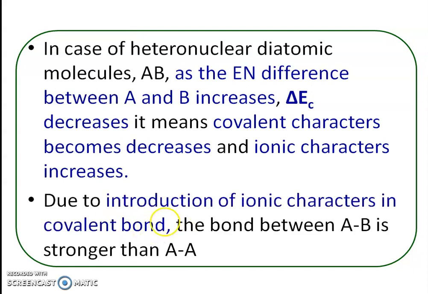And due to the introduction of ionic character in the covalent bond in heteronuclear diatomic molecules, the bond between AB is stronger than the bond between AA.